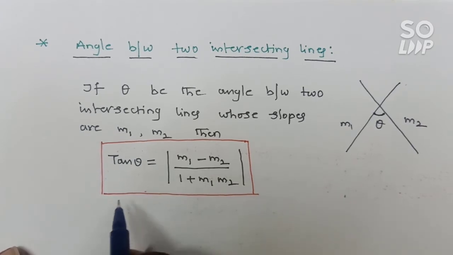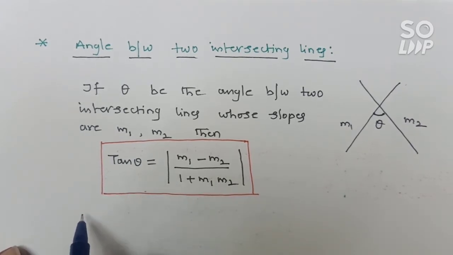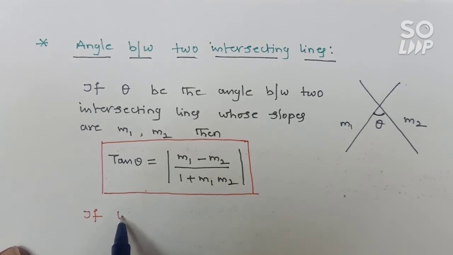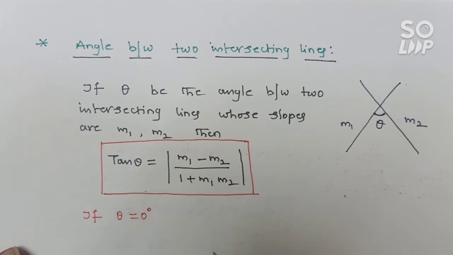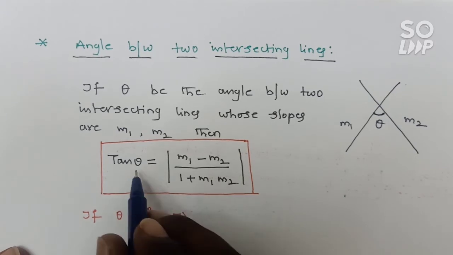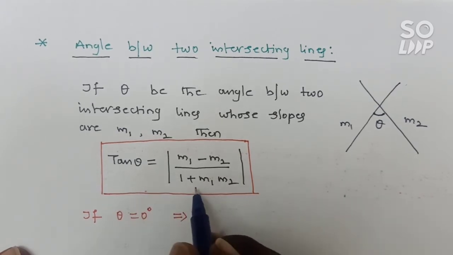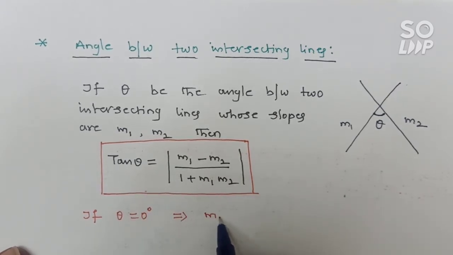Now suppose theta is equal to 0 degrees. That implies tan 0 is equal to 0. By cross multiplying, m1 is equal to m2.